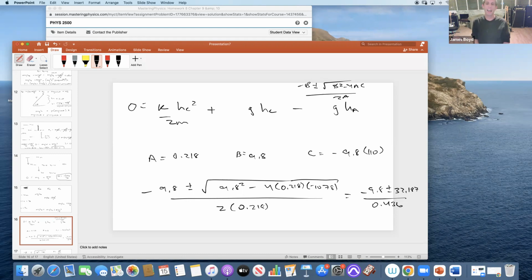I need H to be positive, so I'm going to take the positive. So 32.187 minus 9.8, divided by 0.436, and I get 51.34 meters. That is my HC.